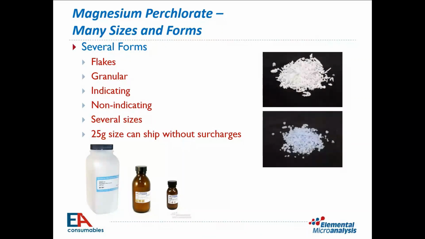We make it in many different forms, whether flakes, granular, indicating, non-indicating, in several different pack sizes, etc. These are shipping hazmats, except if you get the 25-gram size or less, which can also ship without the surcharges. Generally, the flakes have a little lower capacity, but have better flow properties when wet. Those can still clog up. Granular has higher capacity, but if you get it overly wet, it can block the gas flow and so forth.